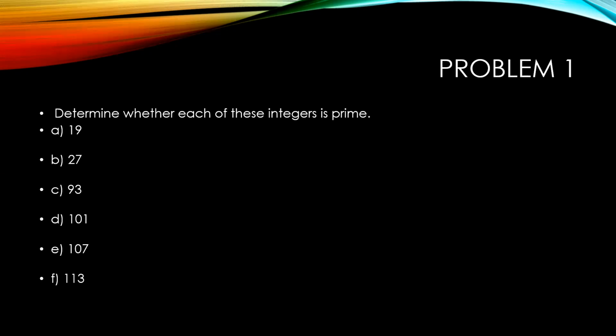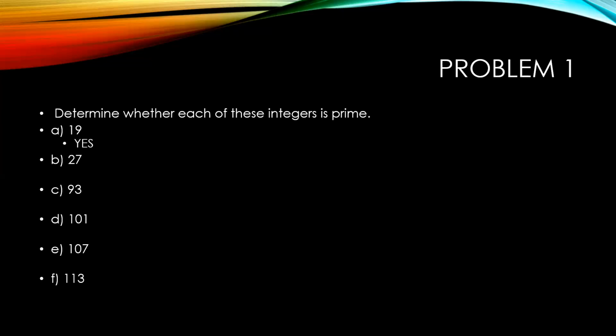We divide it by 1, 2, and 3, and the remainder is not equal to 0. So therefore, 19 is a prime number.